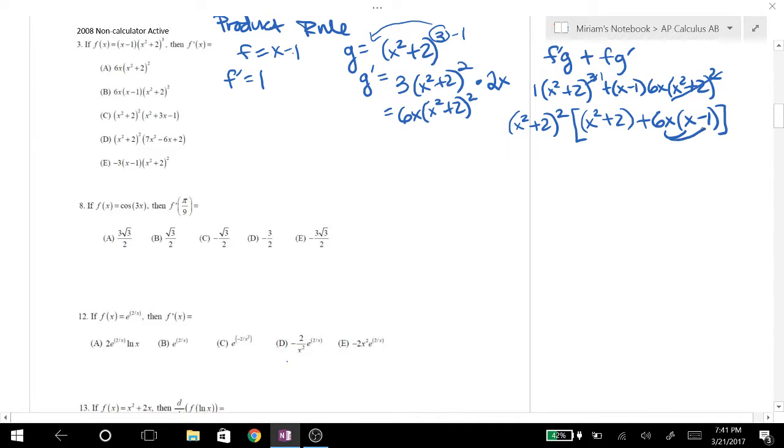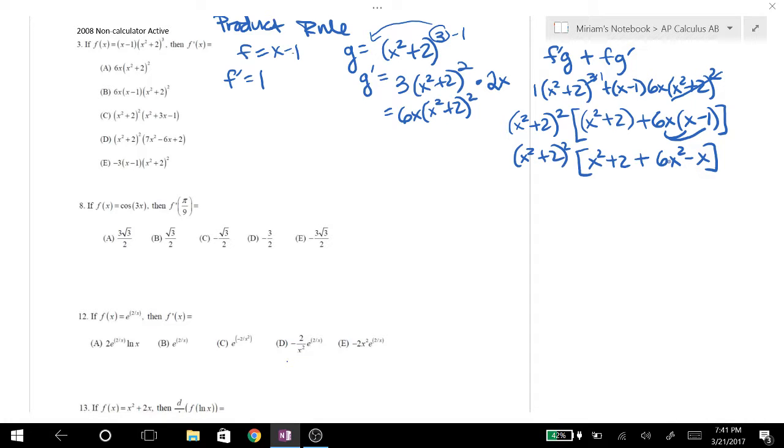I distribute the 6x, x squared plus 2 squared times x squared plus 2 plus 6x squared minus x. Last step, let me try to combine like terms. Okay, I see an x squared here and a 6x squared here. If I add them up, I'm going to get 7x squared. All right.